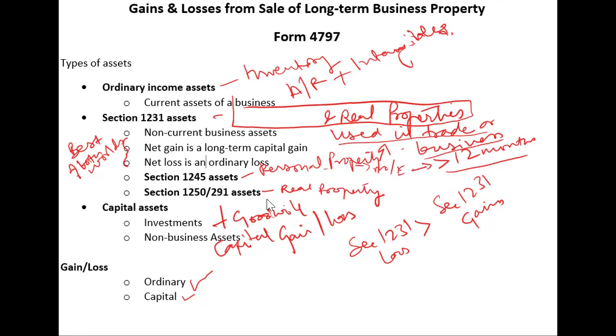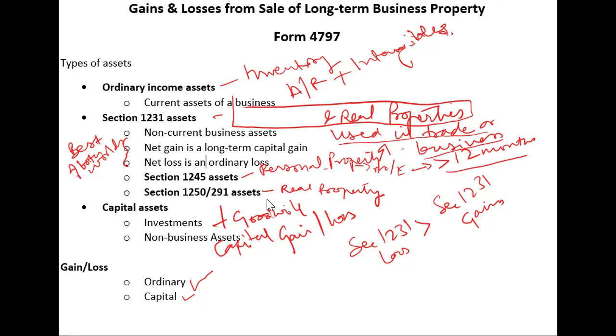So, section 1245 gains are considered ordinary gains, and these are the recapture of all accumulated depreciation. Recapturing of all accumulated depreciation means the lesser of gain realized or all accumulated depreciation.